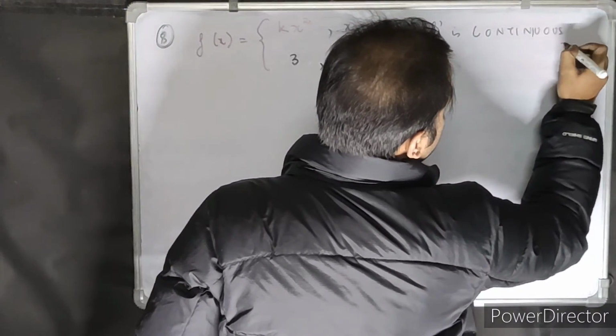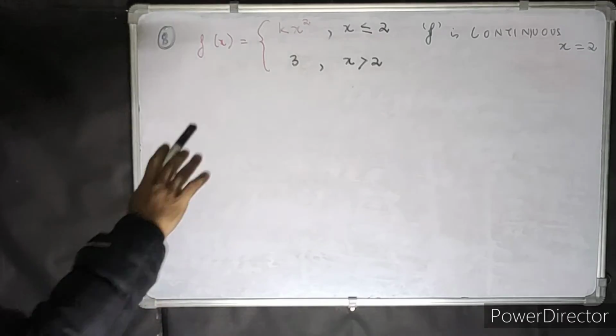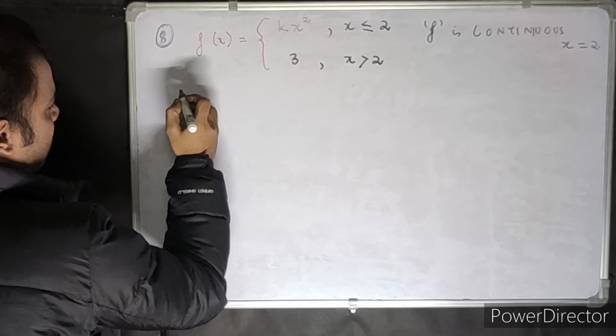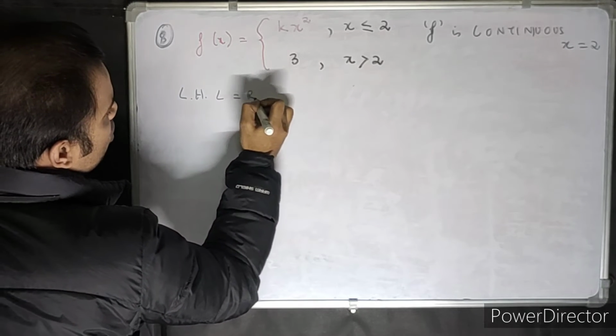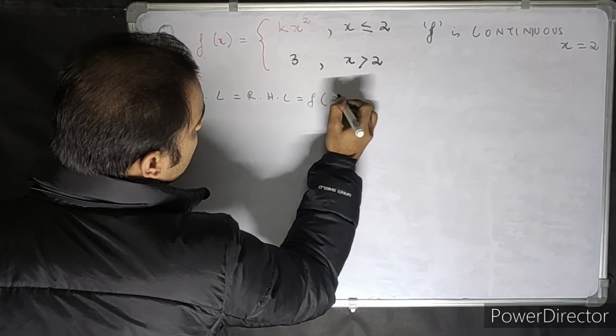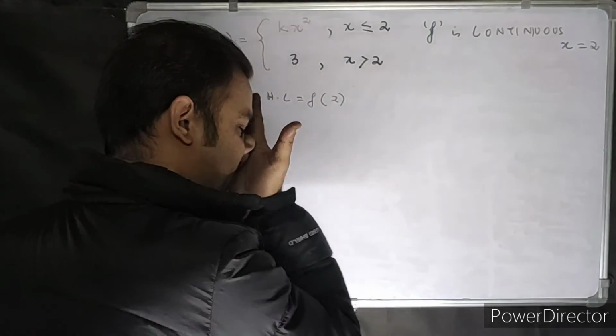It's continuous at x equal to 2. The condition is given, the function is already continuous at x equal to 2. So that means LHL is equal to RHL is equal to f of 2. This condition is already satisfied.